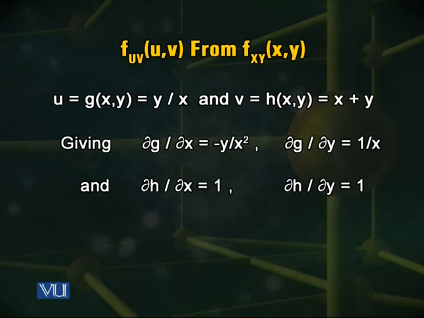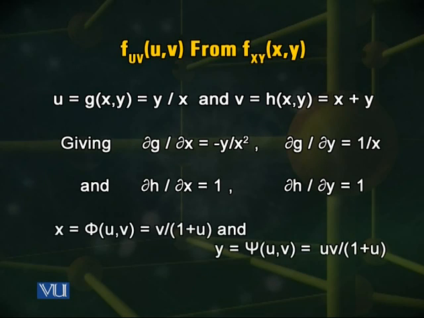So u is y over x, a non-linear function, but still you can solve for the reverse mappings phi and psi, which you can see on your screen come out to be phi is v over 1 plus u and psi to be uv divided by 1 plus u.